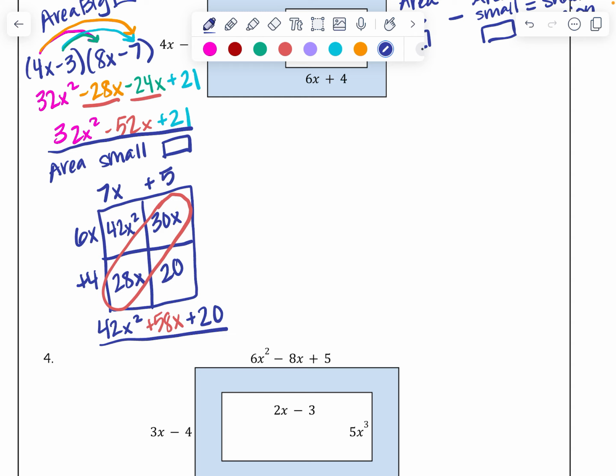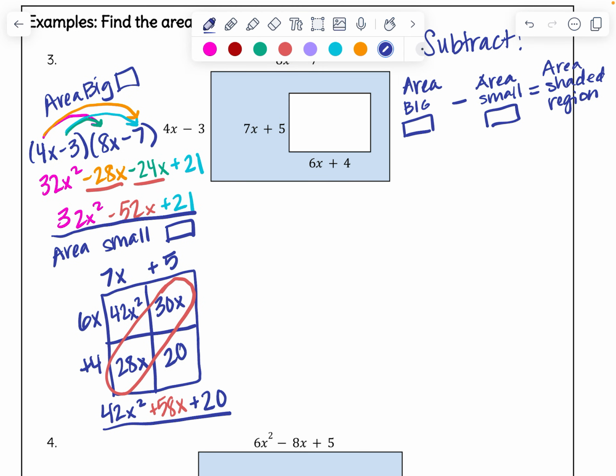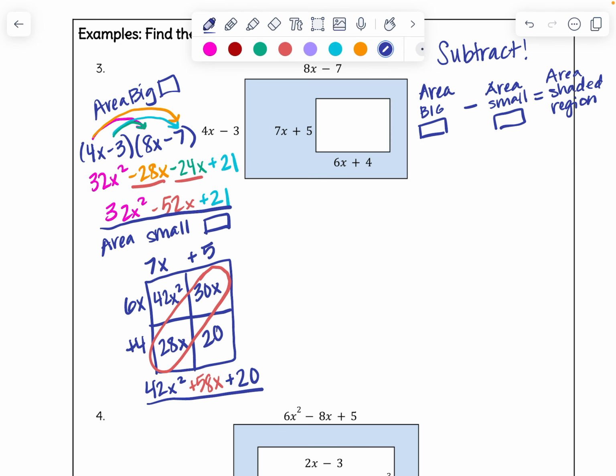Okay, so now I have the area of the big rectangle and the area of the small rectangle. To find the area of the shaded region, I need to subtract those polynomials. So 32x squared minus 52x plus 21 minus 42x squared plus 58x plus 20.